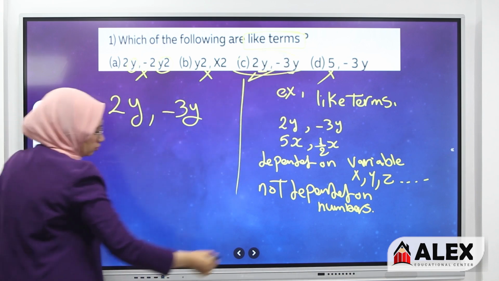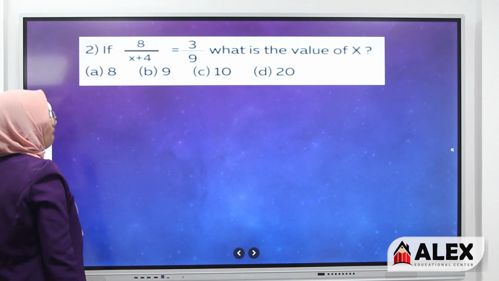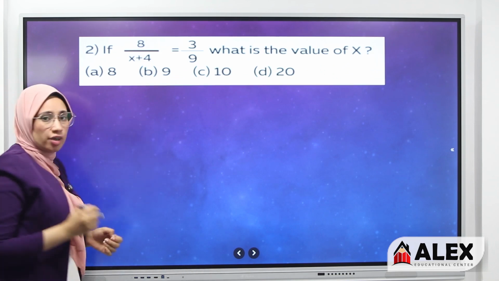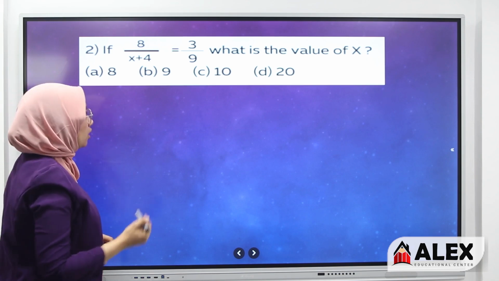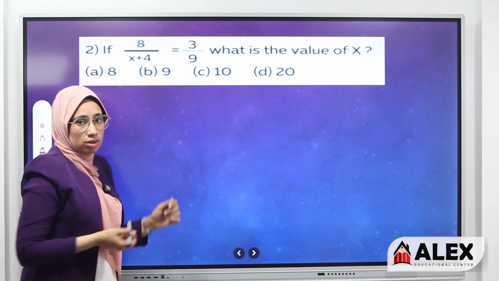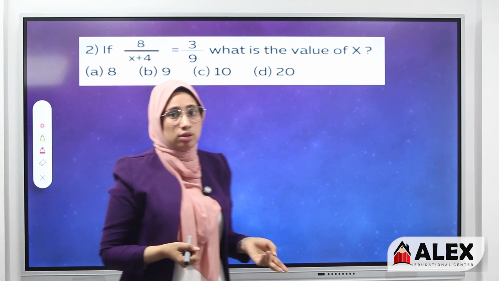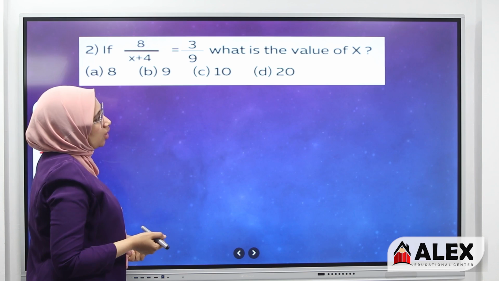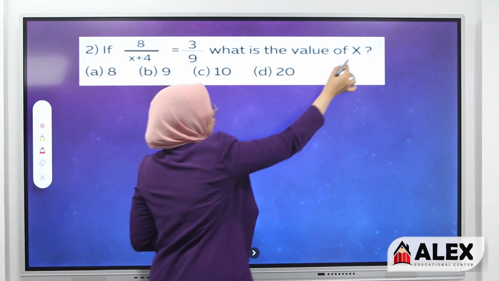The next one. Question number 2. If 8 over x plus 4 equals 3 over 9, that's what? Two equal proportions, or ratios. What is the value of x? We need the value of x.